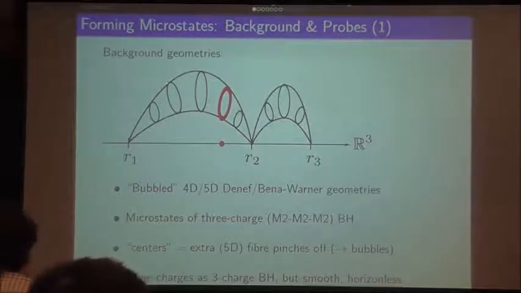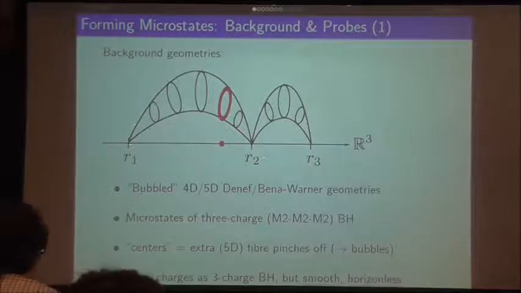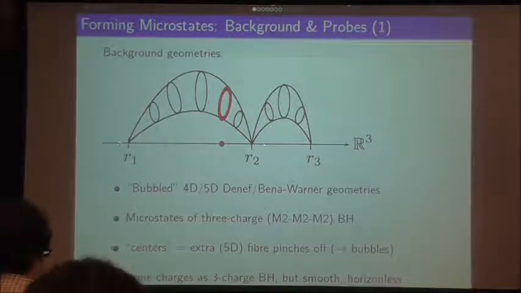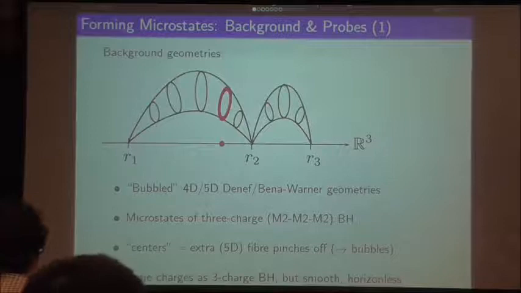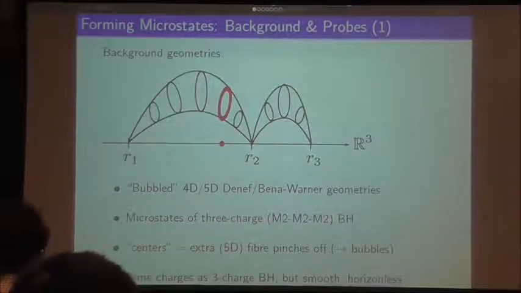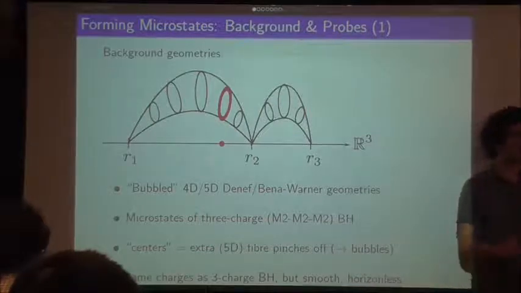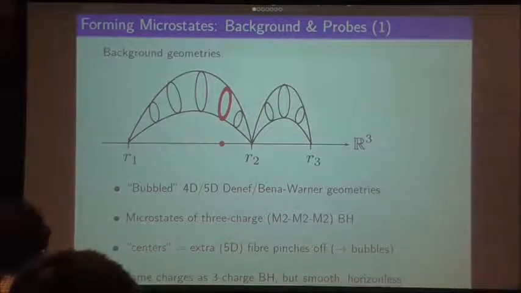So these give rise, of course, to topologically non-trivial S2s. Between 2 of these centers, you get a topological S2 given by the fiber, and these are typically called the bubbles. The reason why this gives you some interesting physics for black holes is that if you have 3 charges at infinity, this needs to be supported somehow in the interior.